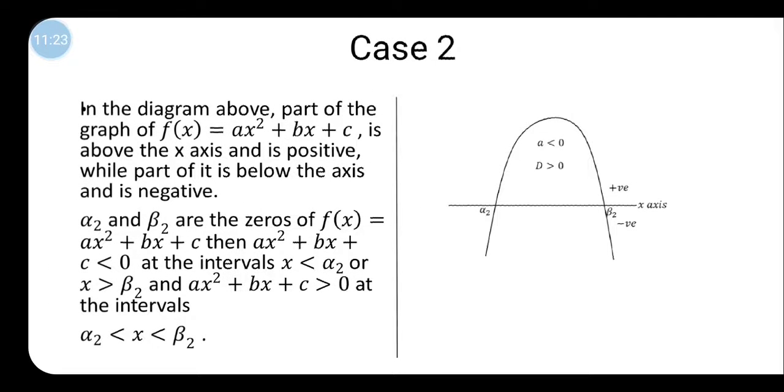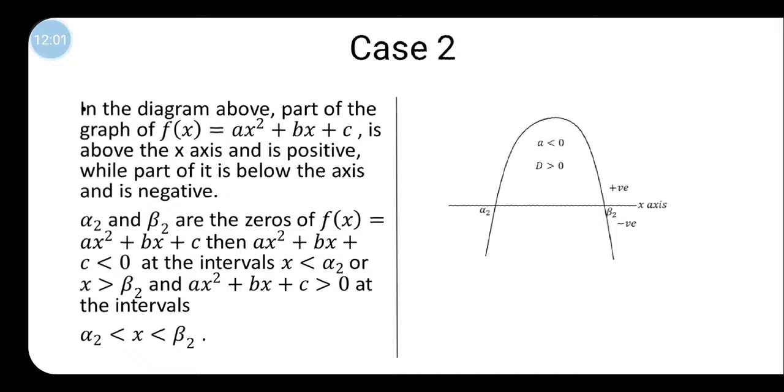And if we have f of x equal to ax squared plus bx plus c less than 0, that is, our x is before alpha 2 and our x is after beta 2, those values before alpha 2 and after beta 2 will give you a negative value of the relation, that is below the x-axis.